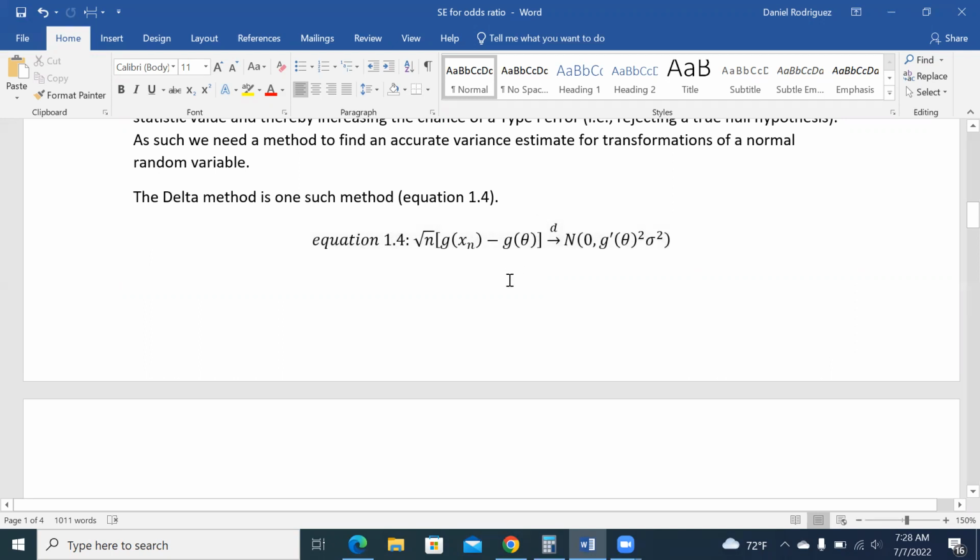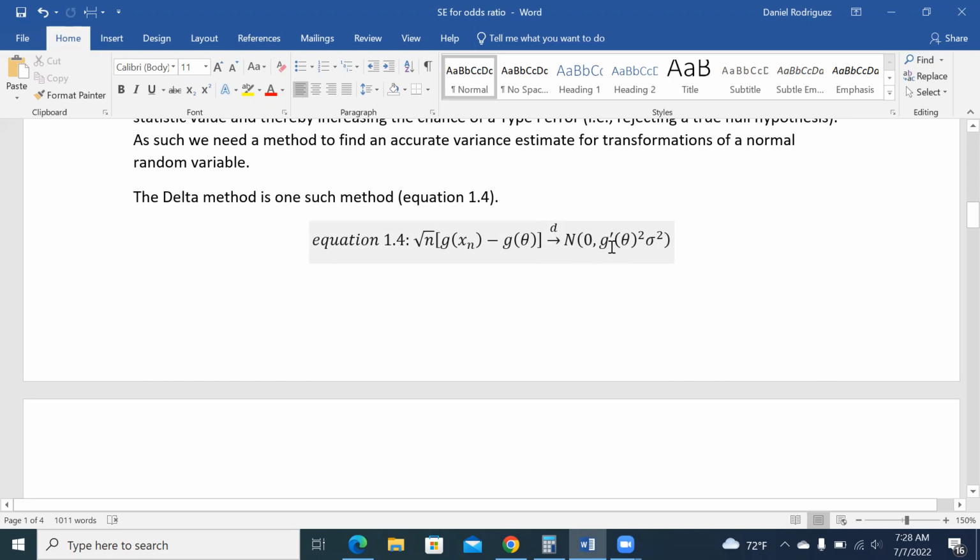Here I use theta for our location parameter. Could be the mean, could be whatever. So this is just a very general symbol for a parameter. This arrow with a little d on top of it says that it's converging in distribution to a normal random variable with a mean of 0. Now I'll show you how I get that 0 in a second.